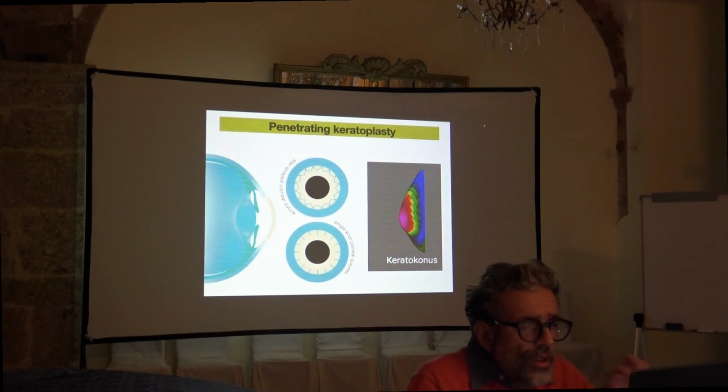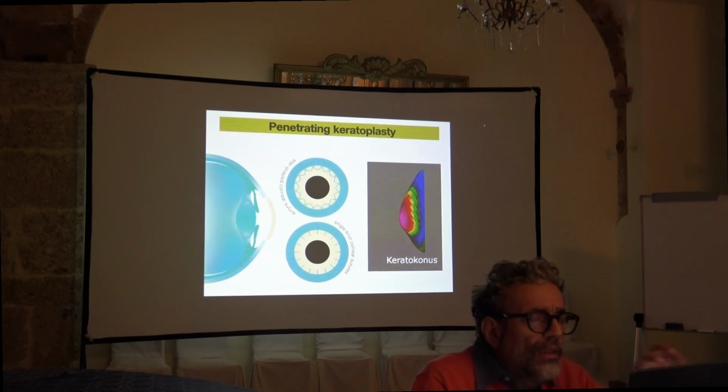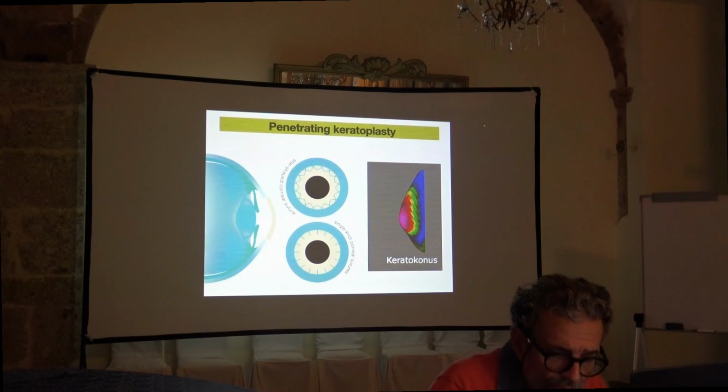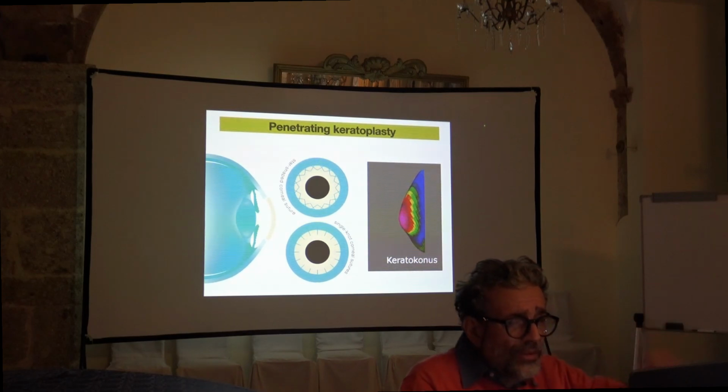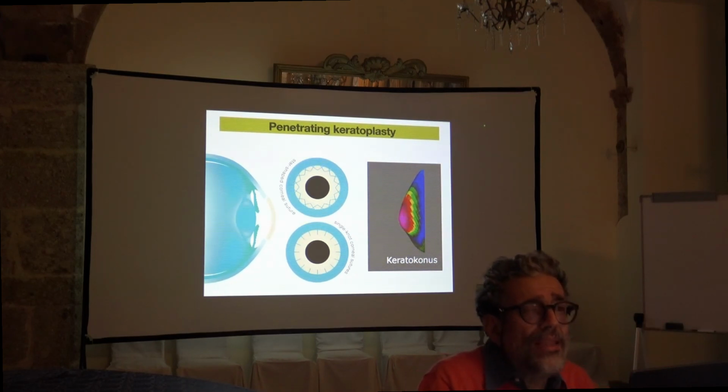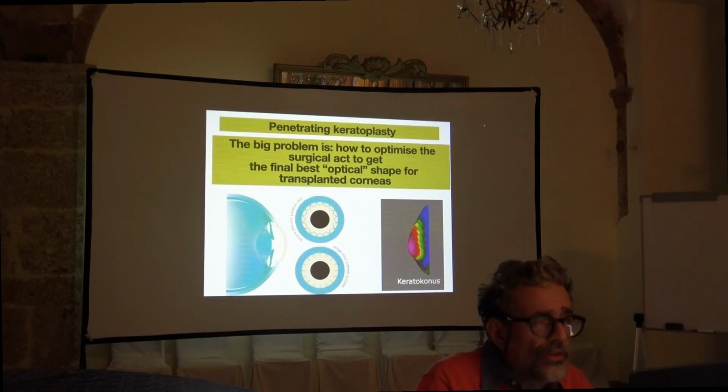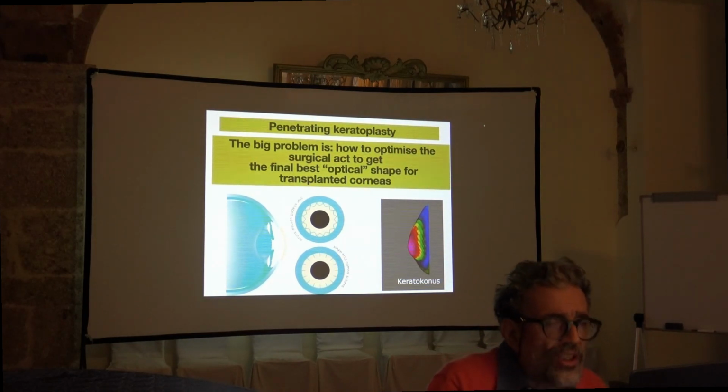And then you sew the cornea with stitches, as the suture is described as you see there. The big problem is the crown you see around remains your cornea with keratoconus degeneration.